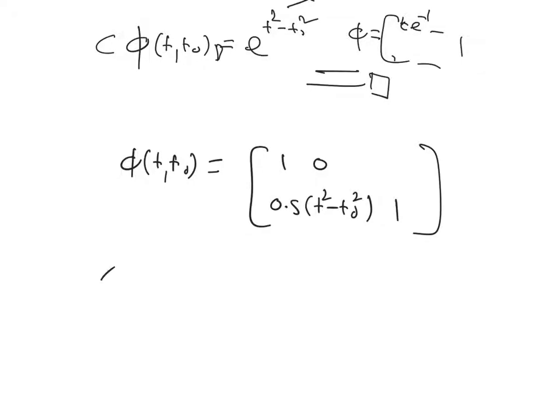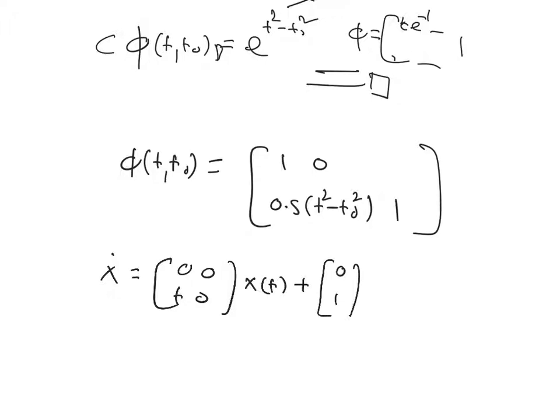So your system was x dot equals 0 0 t 0 times x. We can assume some B now, plus B will be, let's say, 0 1 times u, and we can also assume some C, y equals, let's say, 1 0 times x of t.